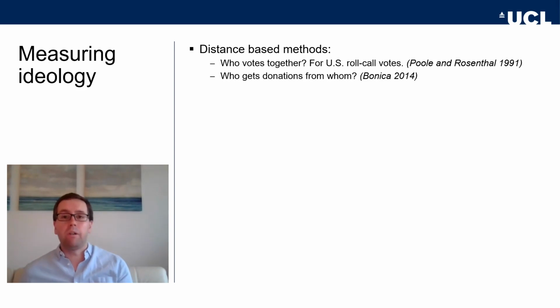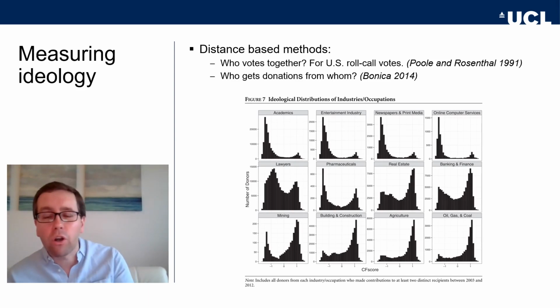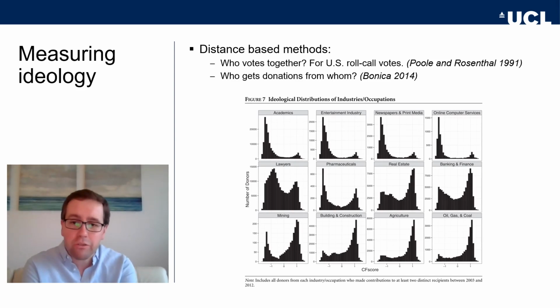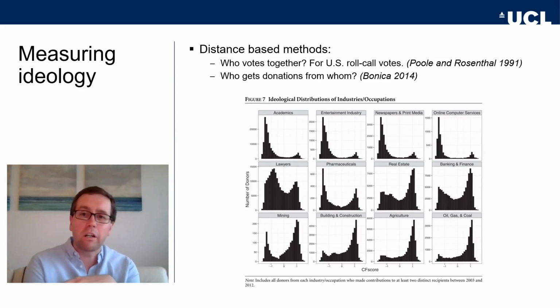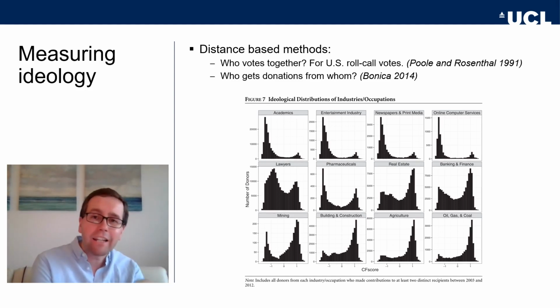So, for example, there's a very clever paper that uses basically campaign donations to get at the ideological distribution of different industries. If you want to know which industries are more right-wing or more left-wing, you can look at donations to candidates.